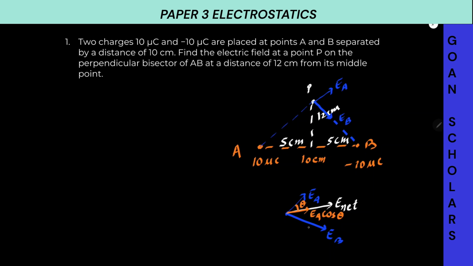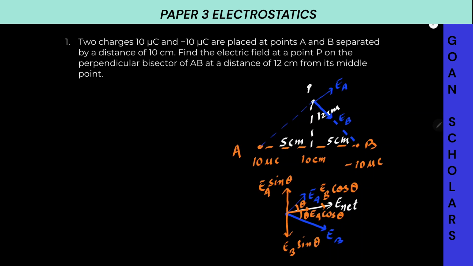So we will find this angle, and here also it is theta. So what will be EB? It will be EB cos theta in this direction. Correct? What will be the component of EA in this direction? It will be EA sin theta, and here it will be EB sin theta. I hope this is clear.